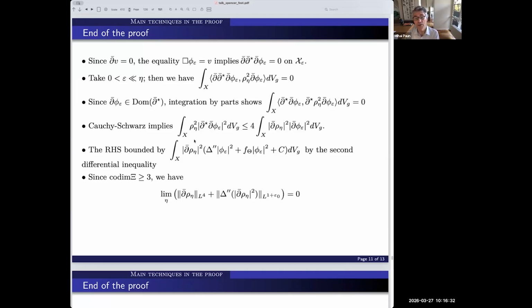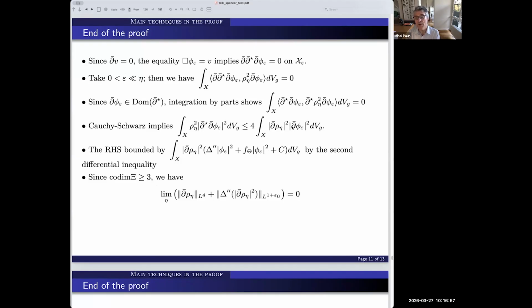So in conclusion, the integrability properties of these cutoff functions that we need basically force the analytic set to have at least codimension 3, and then under these circumstances we can get rid of this when you take the limit in the right order, because we have the hierarchy between the two parameters.